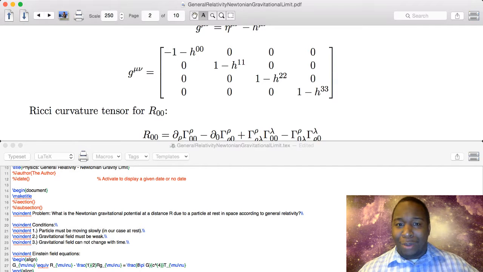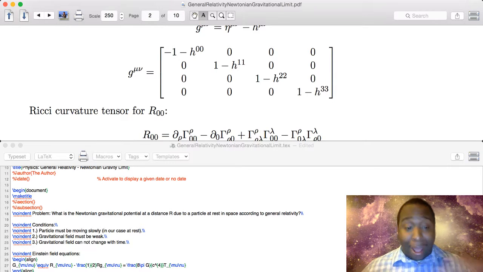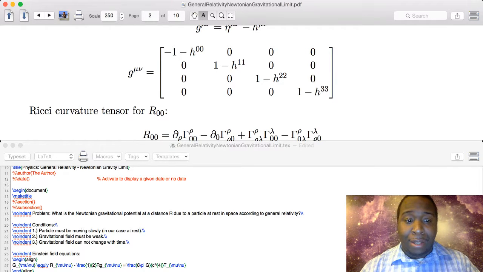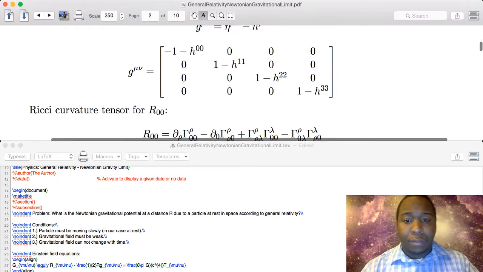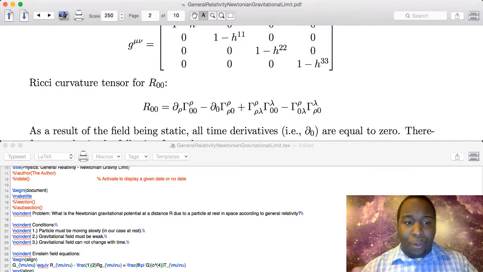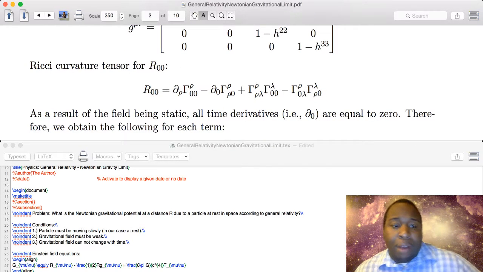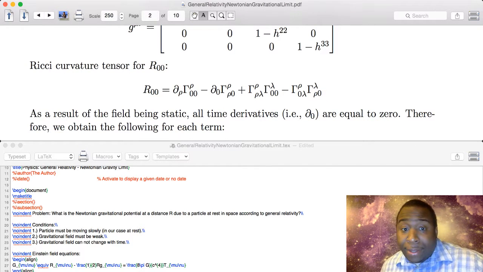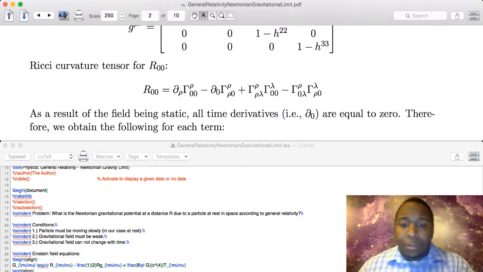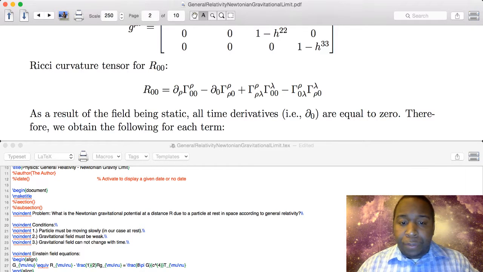I'm just hoping that you guys were here, but if you weren't, by all means, ask questions, and I'll explain it. I'm just giving a recap of what we went through in the previous stream. And so we end up getting to the Ricci curvature tensor, which is going to allow us to calculate curvature in our space-time. I believe, well, yeah, this is going to be the general form of the equation we're working with.